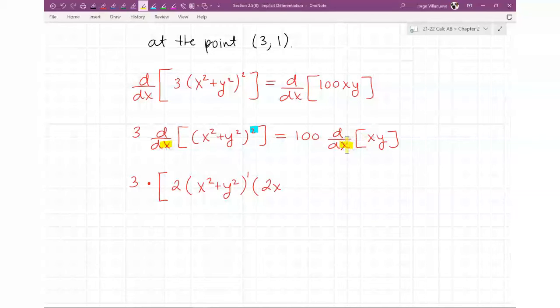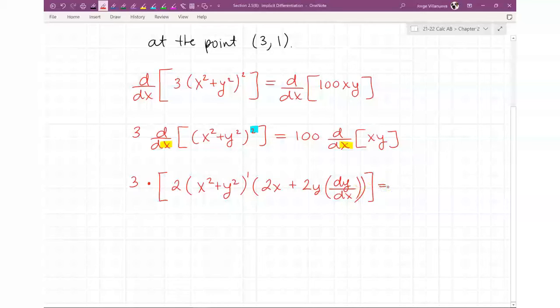I don't need to do that because that's the correct letter. Okay? But I got to do the derivative of y squared, which is 2y. And for that one, I have to mention that I took a derivative of y with respect to x. So after that, I'm done. There's nothing else that I really have to do with that side.